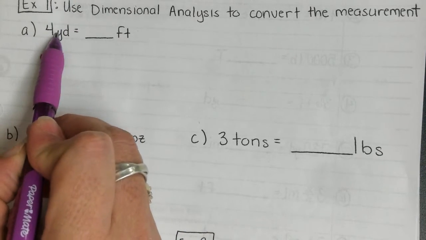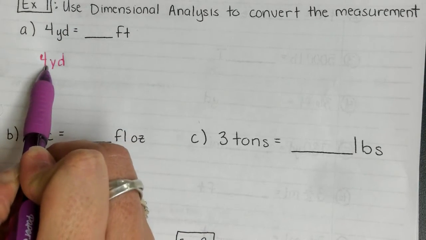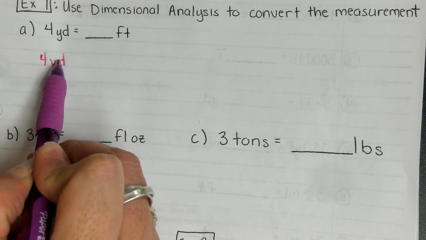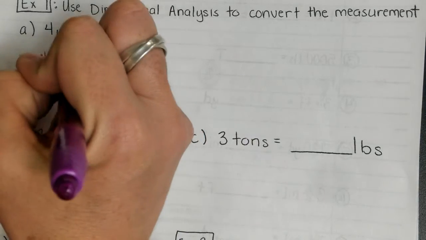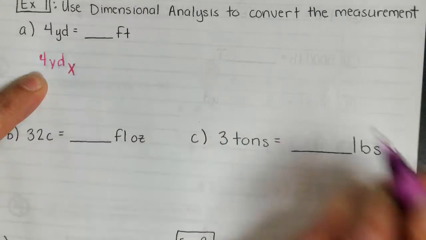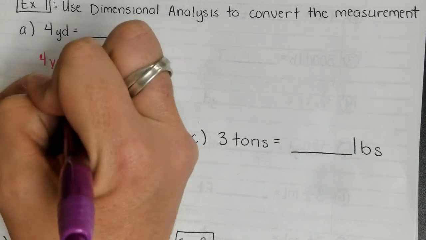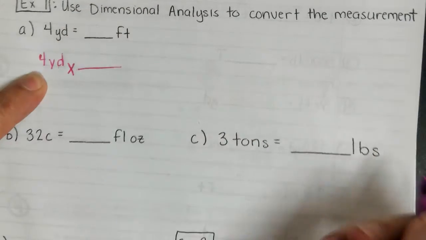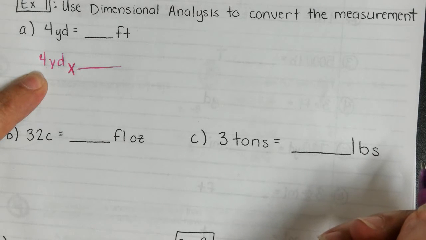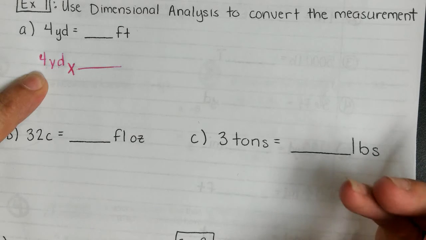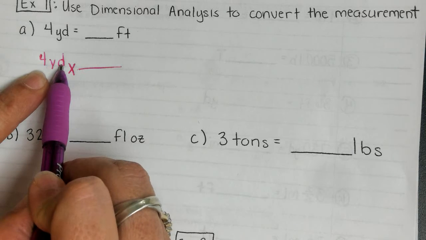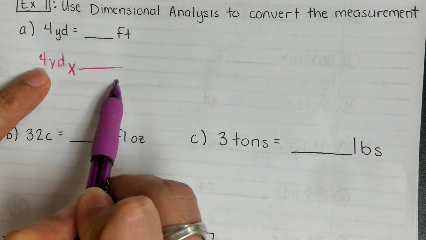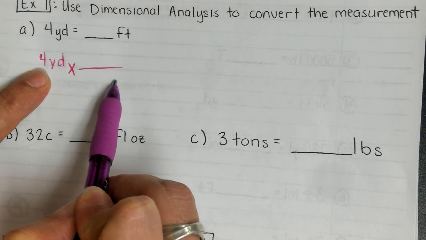Whatever they give us is the first thing we list on this side. Okay, 4 yards. And the next step is we're going to multiply. Put a multiply sign and a fraction bar, just like that. Okay, now, since yards is on top, I need yards to be on bottom down here, and there's a reason.